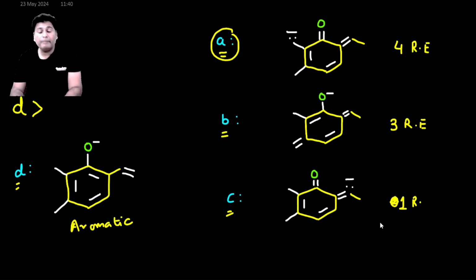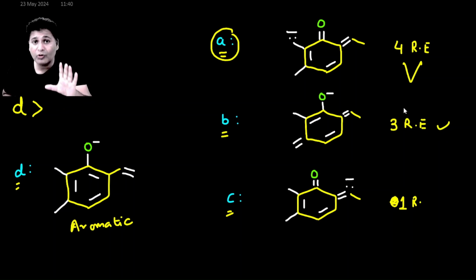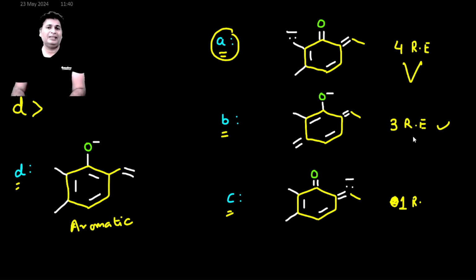Now if you compare these, from your ignorance, you may say that 4 resonating structures is a better option than 3. I am saying with a clause that in ignorance you will predict that 4 is a better option than 3. But you have missed one point.